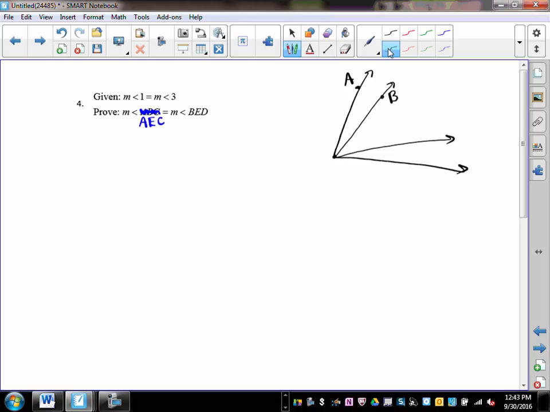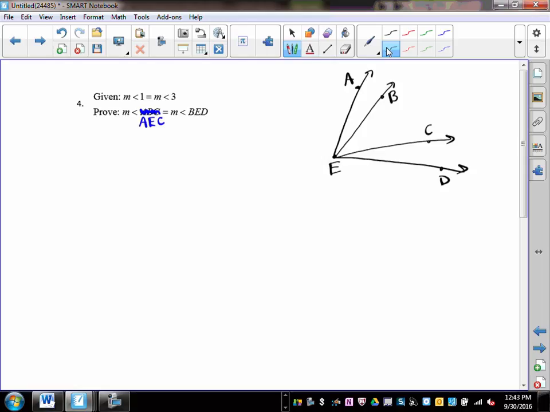So on your sheet, just draw it right here. So it's basically just draw a random angle with 2 lines in it. If you want to make it obtuse, you can. Anything. If you want to make it more fanned out.